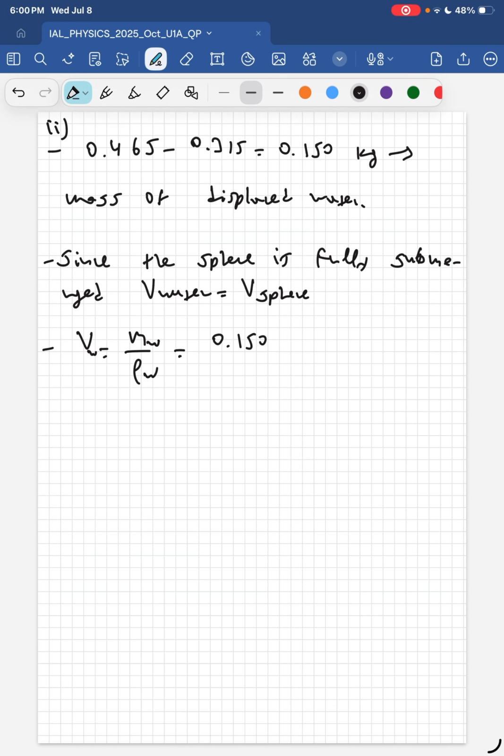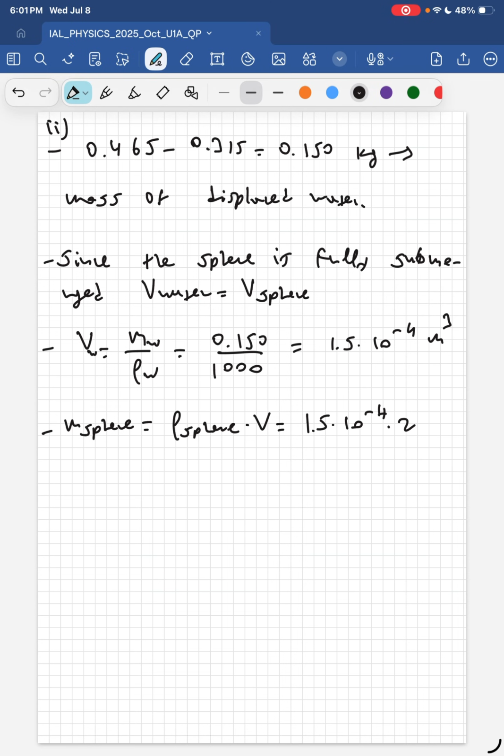So we can find the volume in this fashion. We get 1.5 times 10 to the negative 4 cubic meters. So the mass of the sphere is equal to the density of the sphere times this volume that we calculated. So 1.5 times 10 to the negative 4 times 2000 yields 0.3 kilograms, which is the mass of the sphere. I hope this makes sense as an argument.